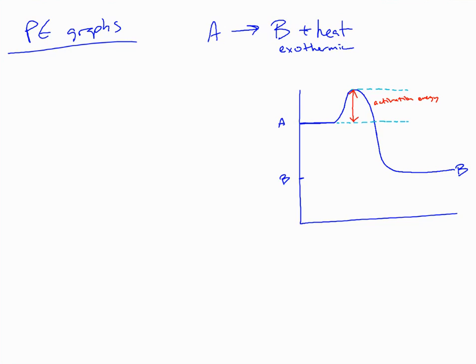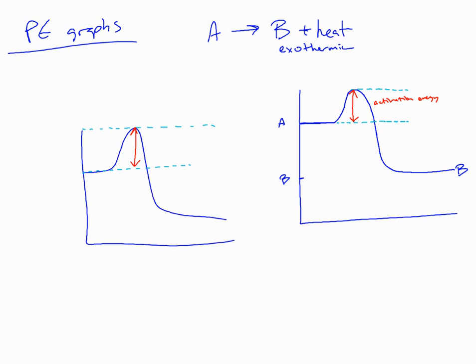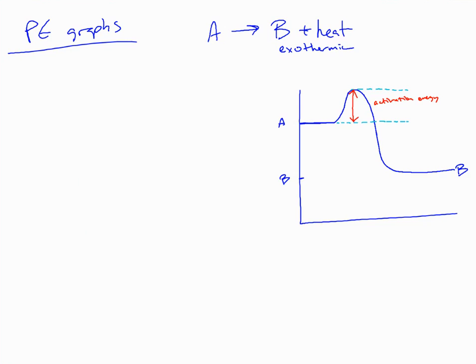Okay, so the potential energy of the activated complex. And the activated complex is talking about if I were using a catalyst. So if I'm going to use a catalyst, how exactly does it affect this graph?